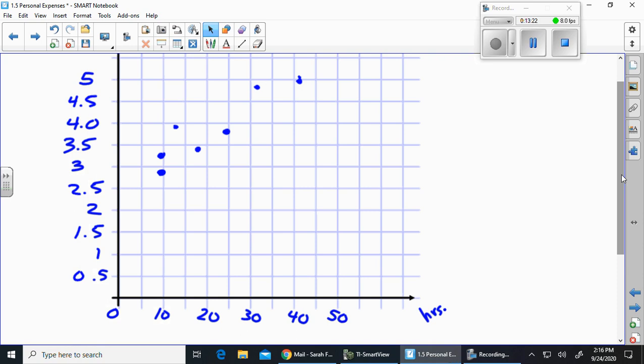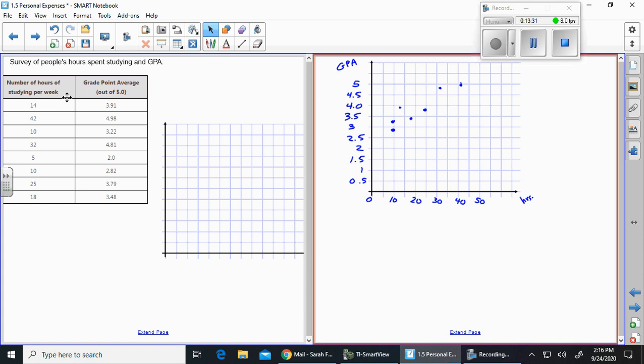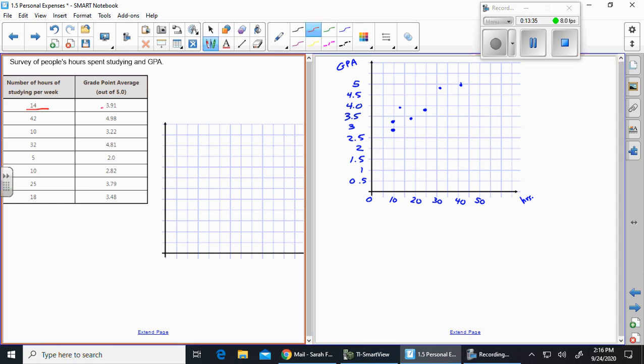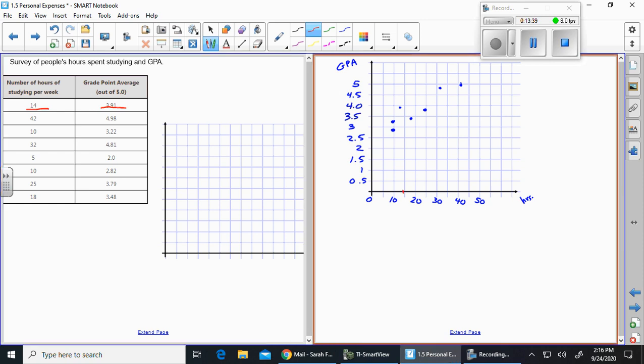So the first thing I'm doing is I'm just plotting those points. So, you look at what I did. I plotted 14, 3.91. I went to 14, which would be about there. I went up to 3.91, which was about 4.